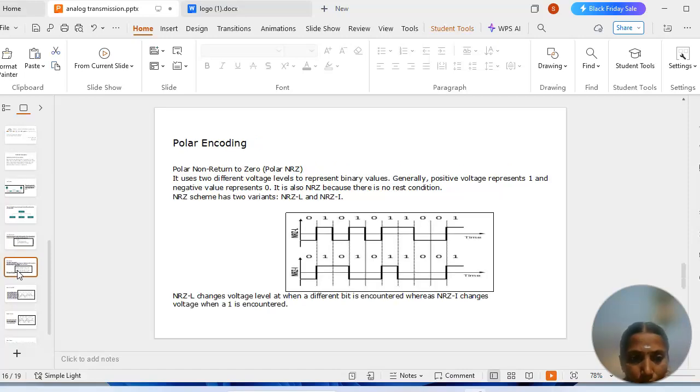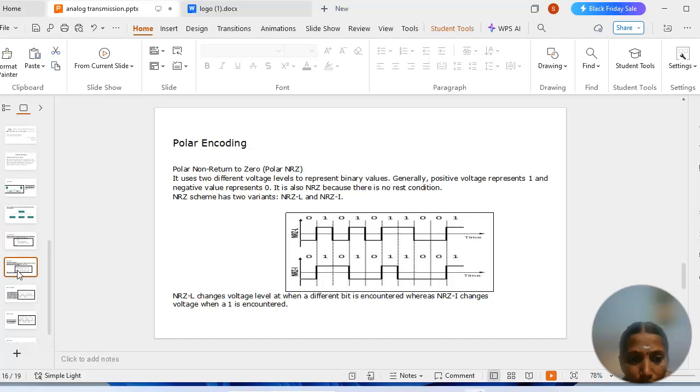Next, polar encoding. Polar encoding has two types: return to zero and non-return to zero. Polar non-return to zero uses two different voltage levels to represent the binary values. Generally, positive voltage represents 1 and negative voltage represents 0. It is also non-return to zero because there is no rest condition.